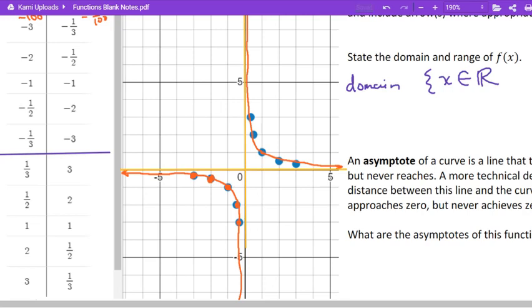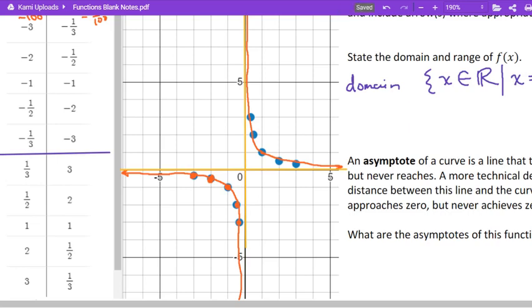This function is going to continue going forever and ever to positive infinity and negative infinity. There's one dot where the function doesn't exist. Right there. Where x equals 0, the function doesn't exist. So we're going to say x belongs to all real numbers with the one restriction that x does not equal 0.